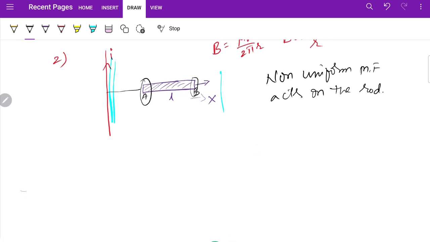So because of this, different particles experience different forces. Here it will be maximum. That means there is a force gradient or field gradient. The force gradient acts on the body.